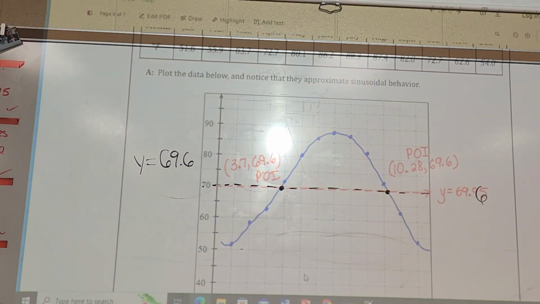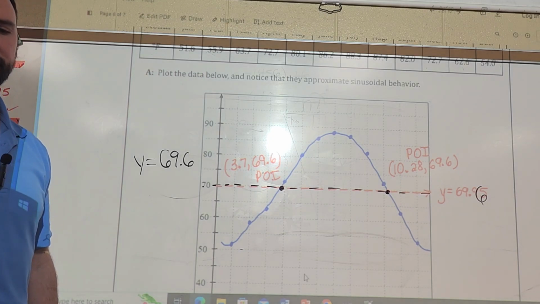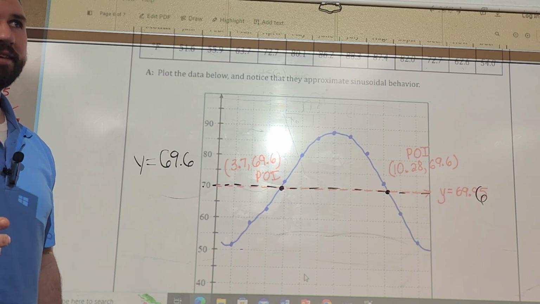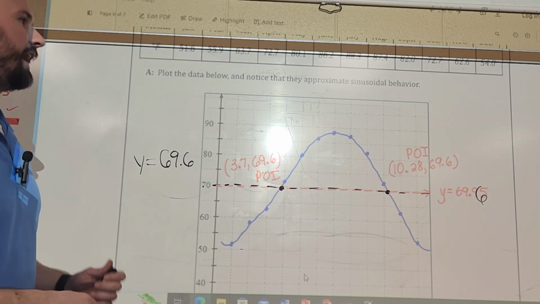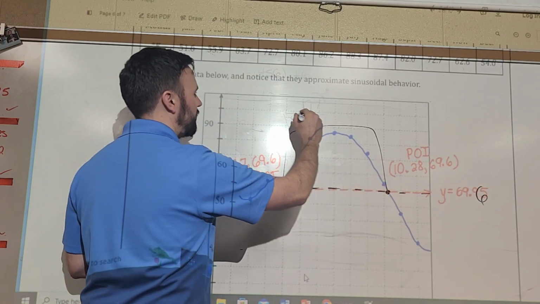What does the point of inflection mean in this problem? It's when you go from below average temp to above at like the midline. It will be the average. Yes, but let's use it in terms of concavity. What's happening from here to here to my rate of change?